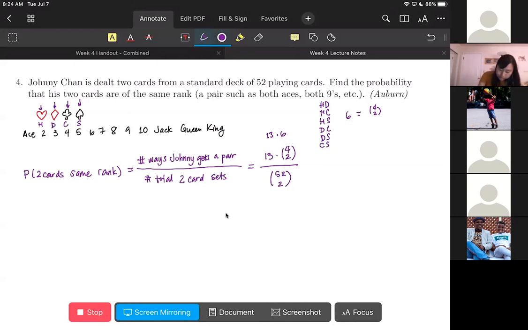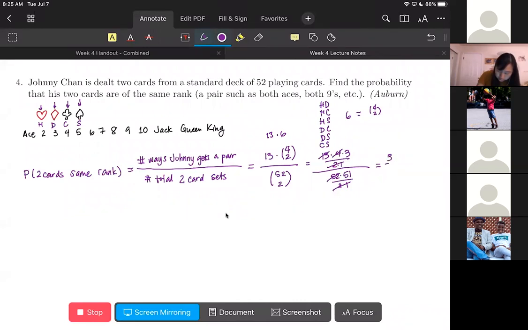If we expand this out, this becomes 13 times 4 times 3 over 2 times 1, over 52 times 51 over 2 times 1. If we simplify, the 2 times 1s cancel, and 13 times 4 cancels with 52.